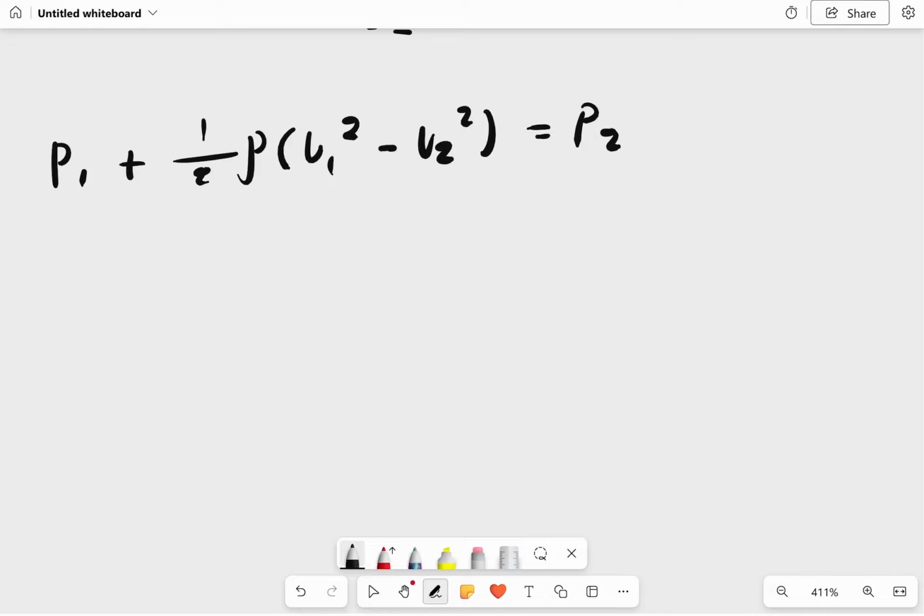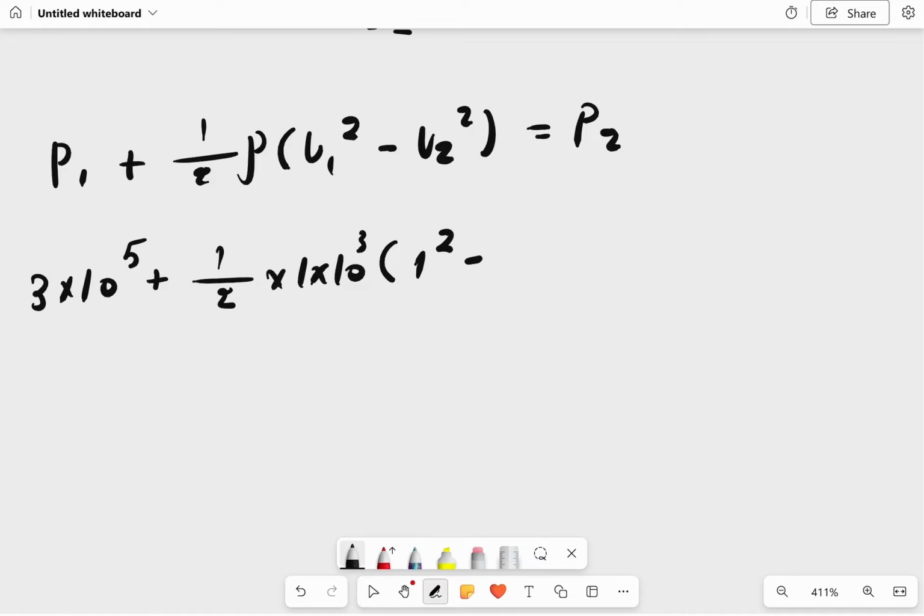Now let's plug in the values that we have. P1 is equal to 3 times 10 to the power of 5 plus 1 over 2 multiplied by 1 times 10 to the power of 3, which is the density of water. Then V1 is equal to 1 meter per second, so this one will be 1 squared, minus V2.